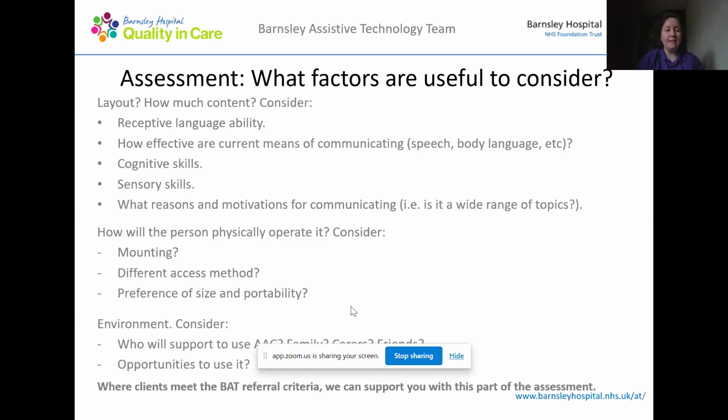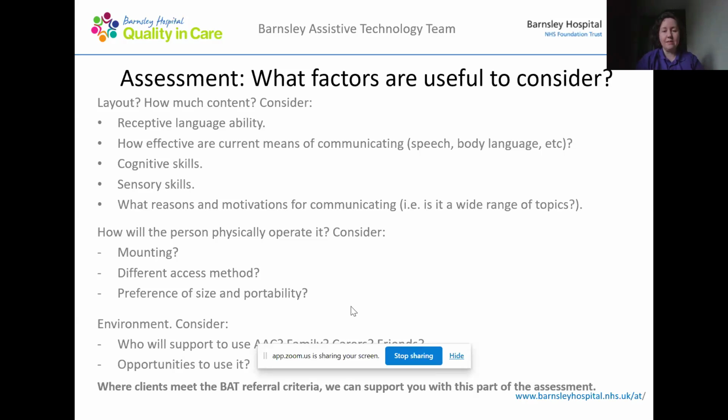Sometimes people might send us, like, we did a spoken word to sentence, sentence to picture matching task, and they manage this at this level. That's useful to know what their understanding is like, or how many keywords they understand, how effective their current means of communication are.